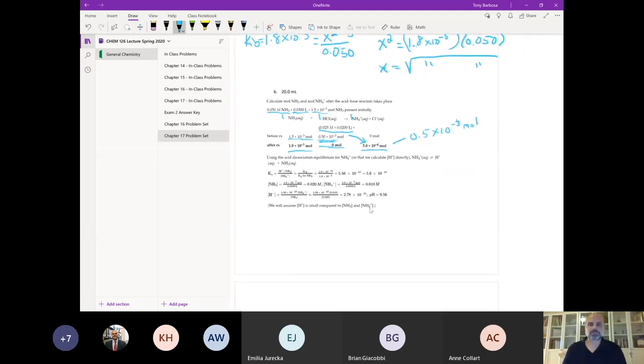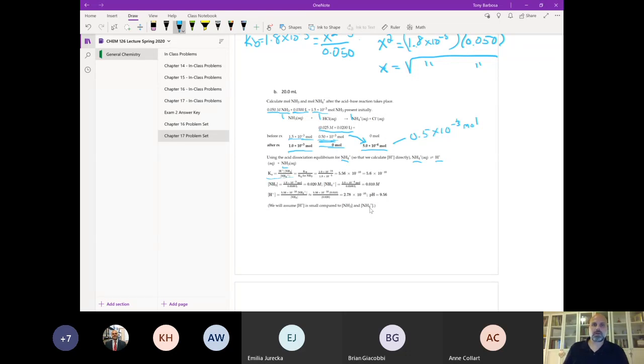The second part is we're plugging the numbers into the Ka equation. Right, so we have our ammonium ion, which dissociates to give us protons plus ammonia. So we plug that into our Ka equation here.